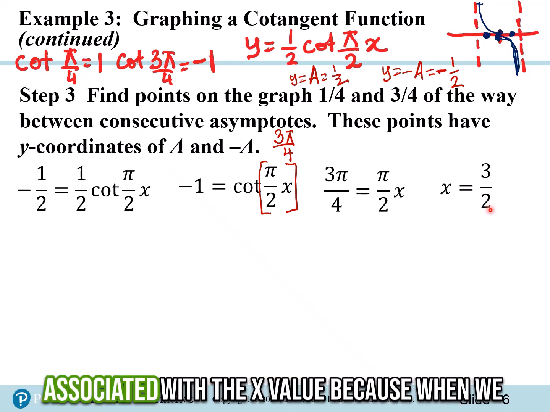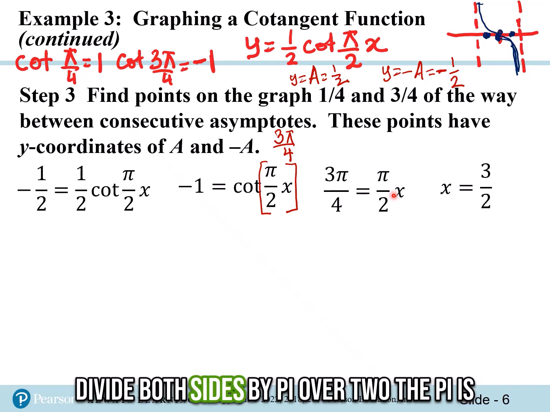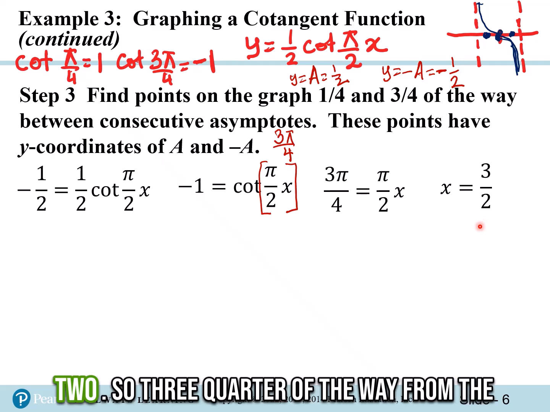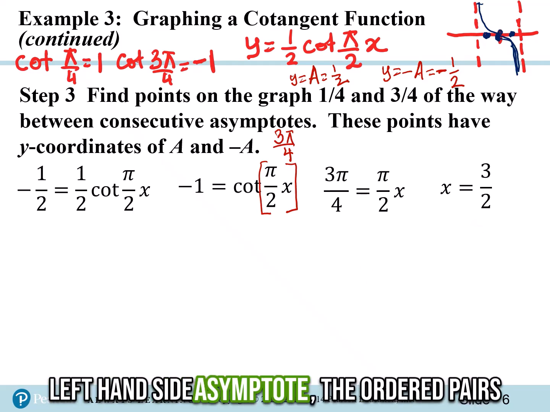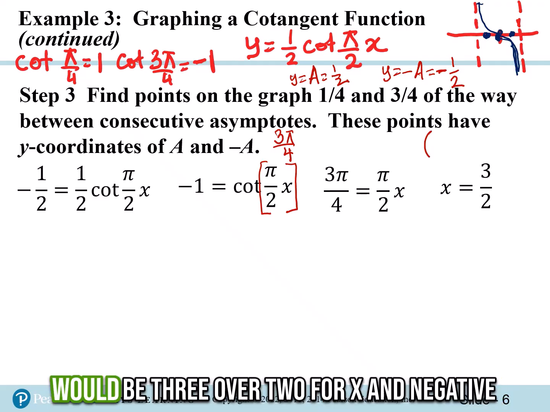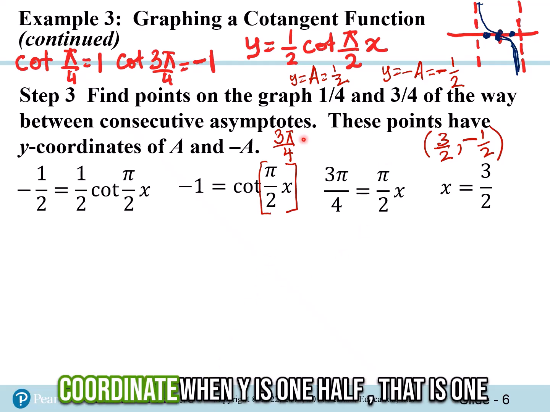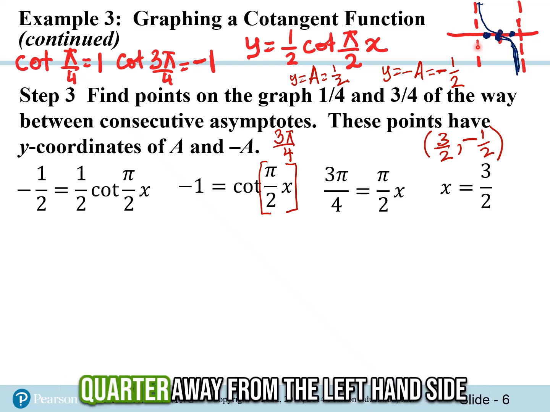There's no pi associated with the x value because when we divide both sides by pi over 2, the pi is eliminated and we end up with 3 over 2. So 3/4 of the way from the left-hand side asymptote, the ordered pair would be 3 over 2 for x and -1/2 for y.